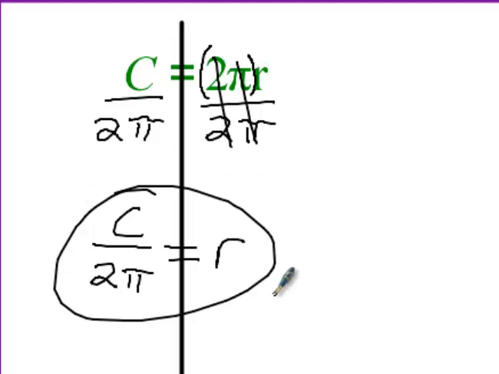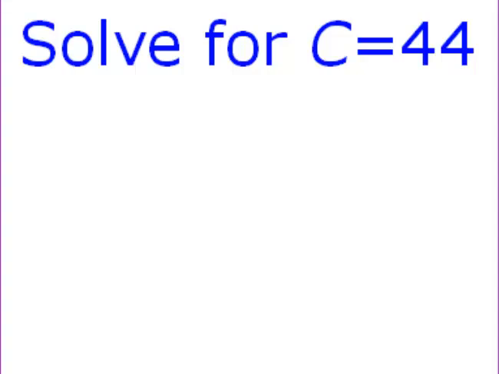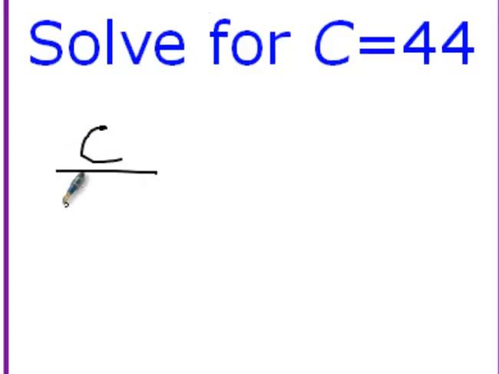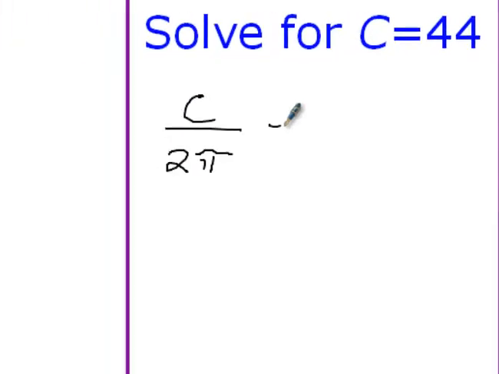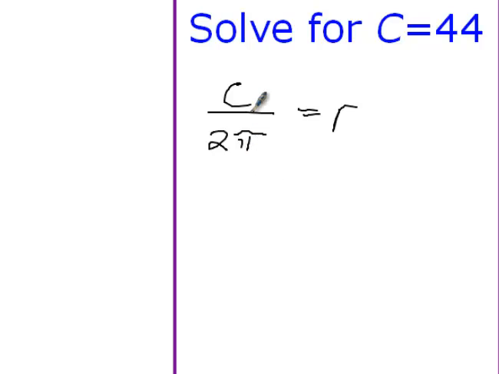And then part 2 says solve for C equals 44. So let me plug in. We know that C equals 44, and our formula says C over 2 pi equals R. So plug in your C value. They want you to use your calculators here in order to find a decimal approximation of R, and I want you to go out 2 decimal places.